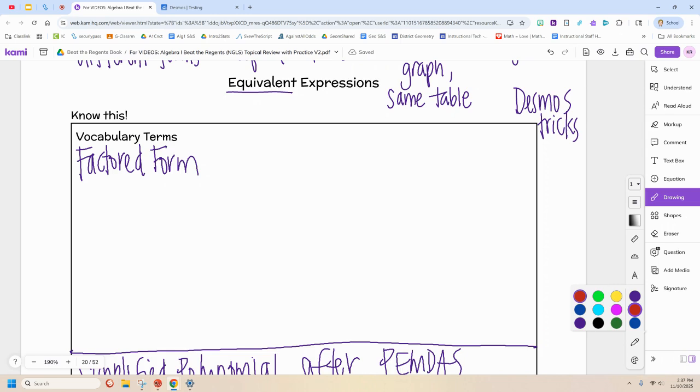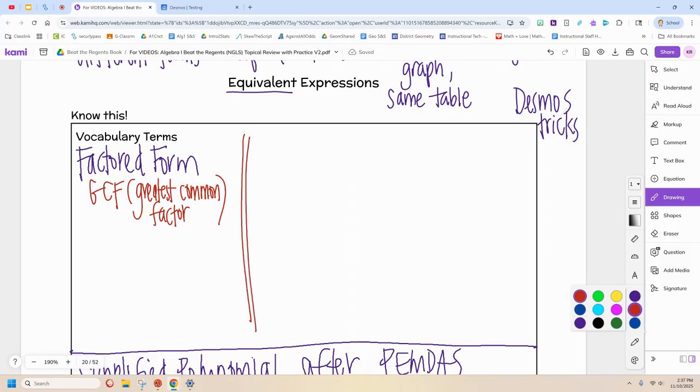We have GCF, which stands for greatest common factor. The second type of factoring is difference of perfect squares.